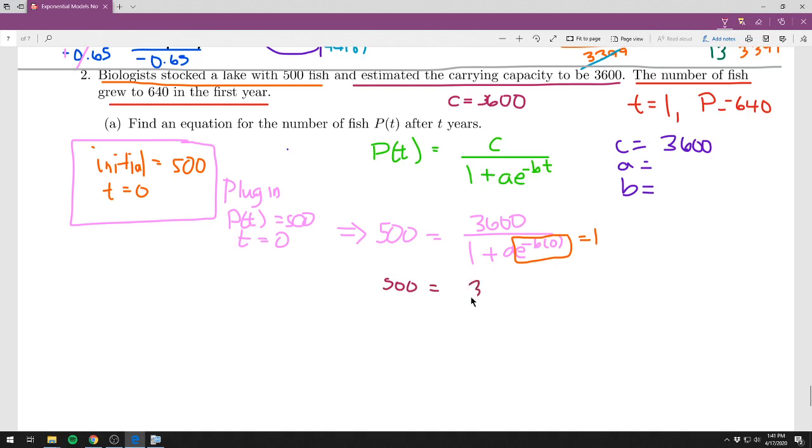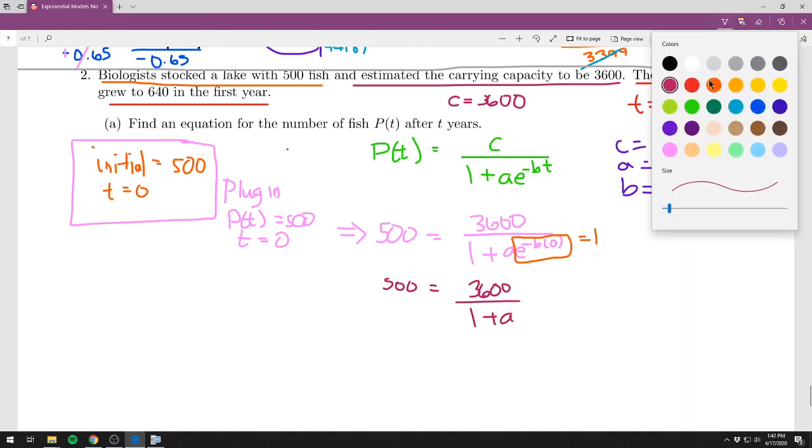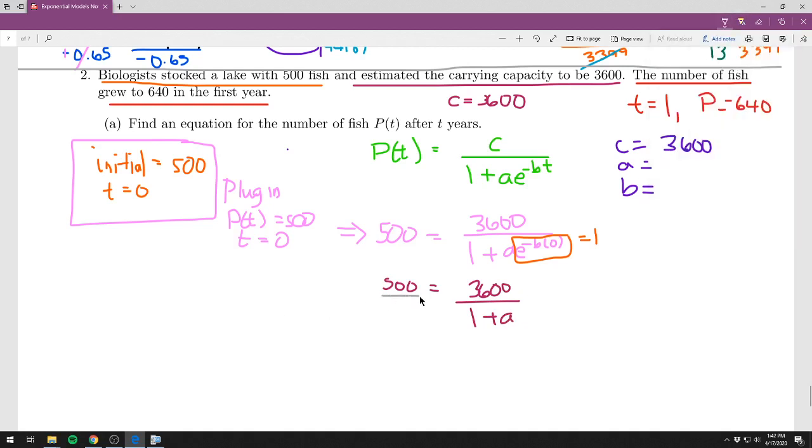Just to simplify, we got 500 equals 3600 over 1 plus A. Now go ahead if you want to write the 500 over 1 so you can see we can cross multiply. And we got 500 times 1 plus A equals 3600.